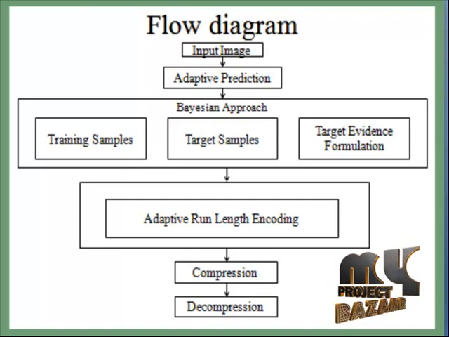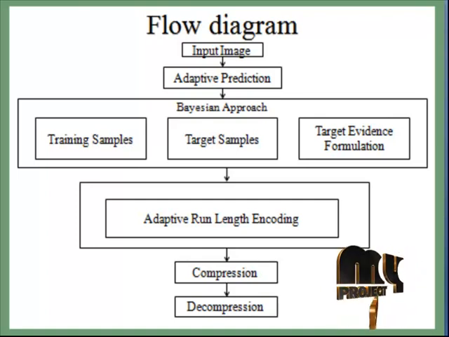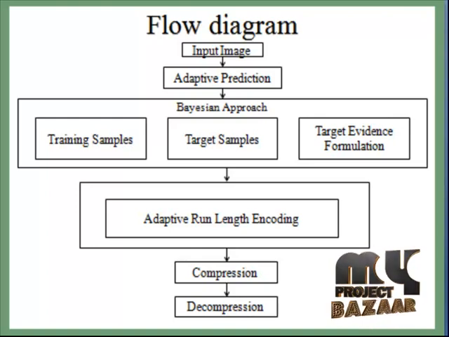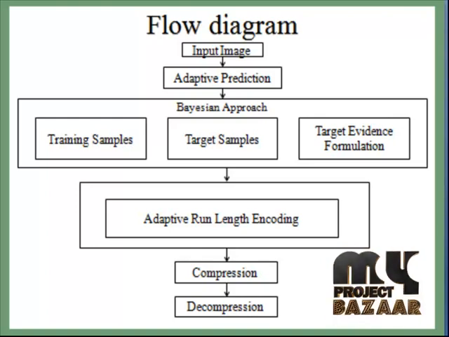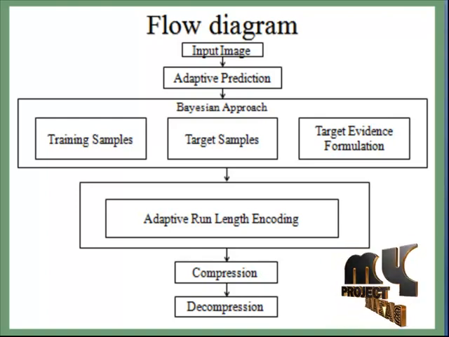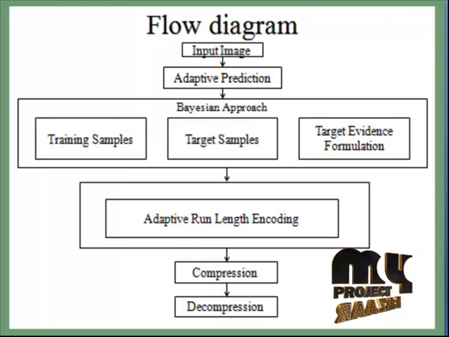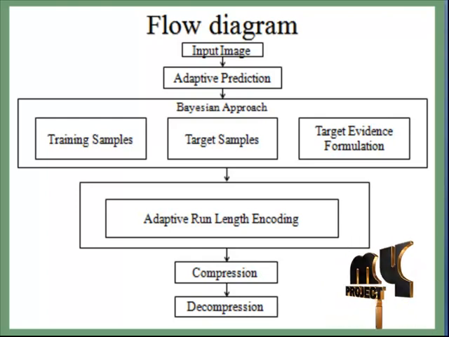In the final process, we use adaptive run length encoding for compression and decompression. This is an important model to reduce the complexity in the input image. We compress the input image and reduce the probability of drawbacks and prediction errors in the existing system.